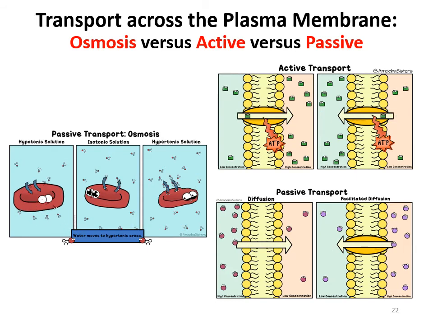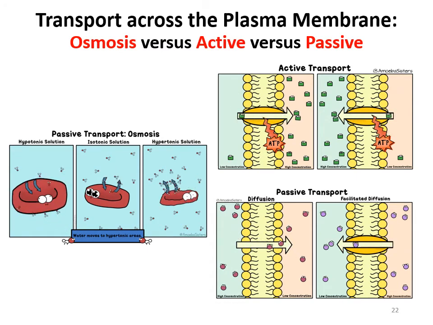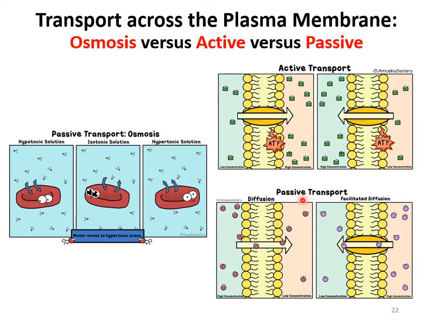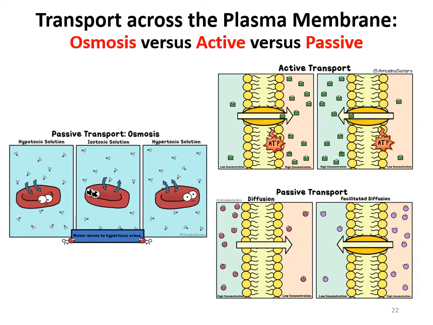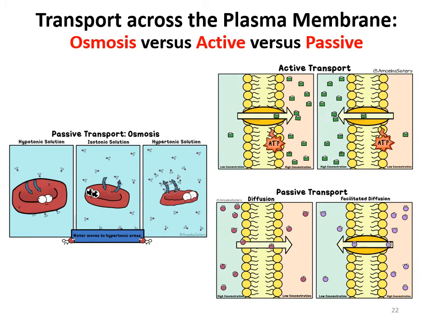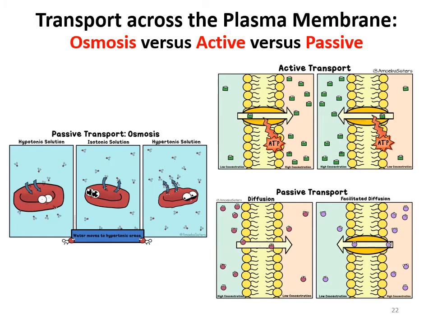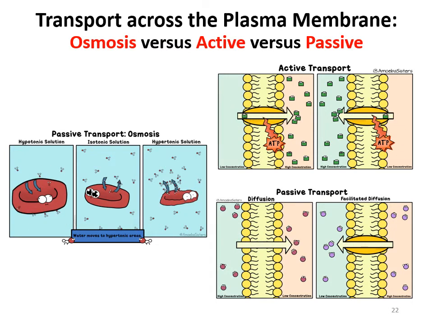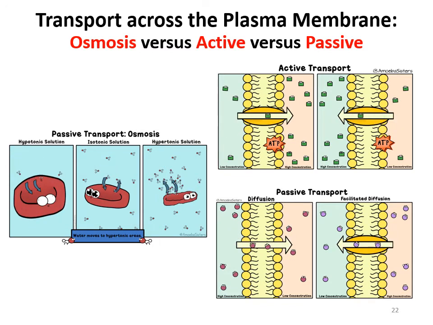The other types of movement that you can have from a cell's plasma membrane is either active transport or passive transport. When you think about these terms, always ask yourself, what does active mean? What does passive mean? If something is active, that means it's high energy. So active transport requires a lot of energy, which means that it's movement against how cells normally want to move things.